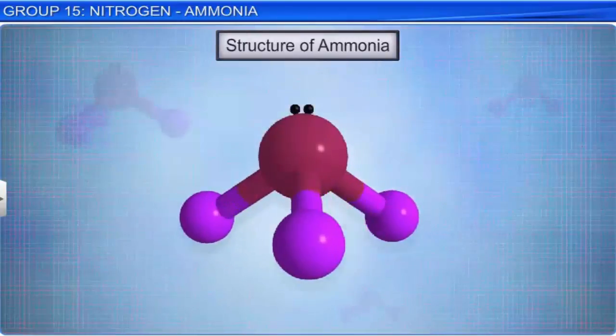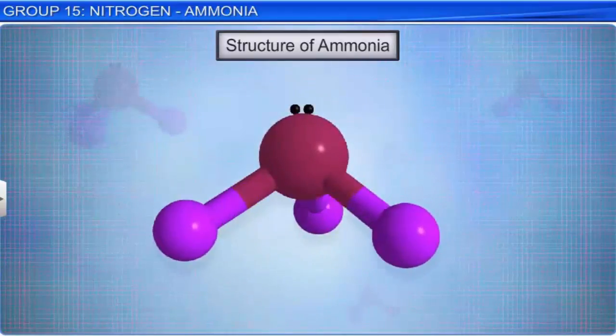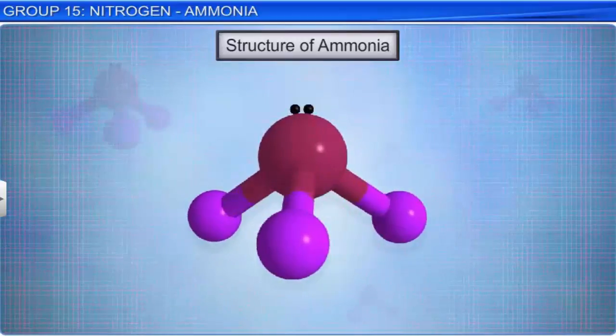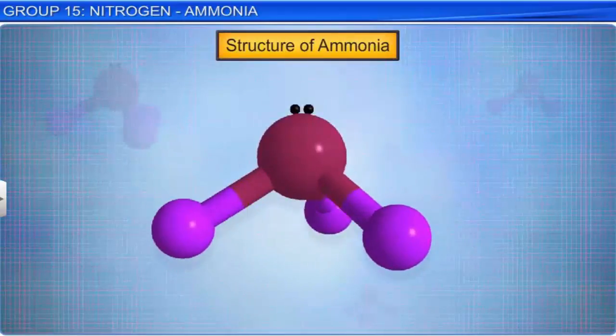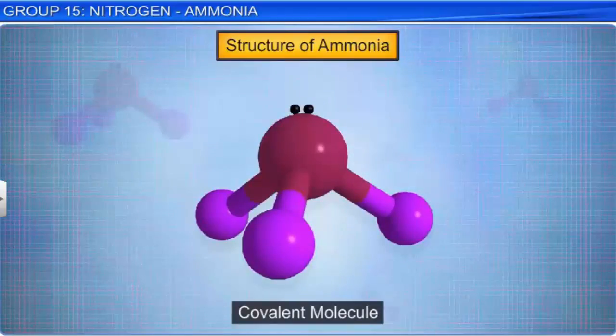You know that the structural aspects of a molecule justify most of its properties. Now let us take a quick look at the structure of ammonia. You know that ammonia is a covalent molecule.